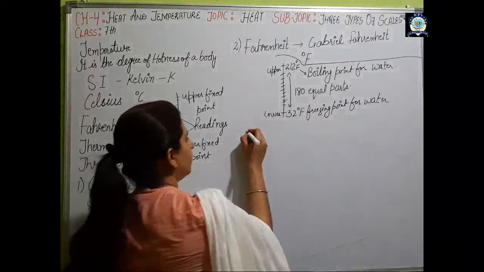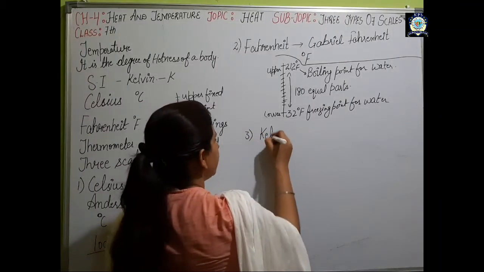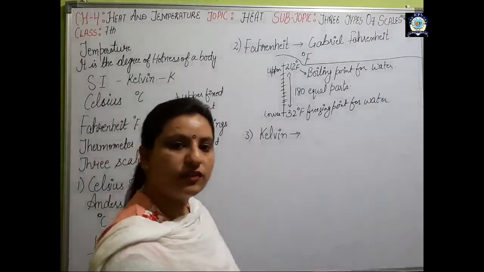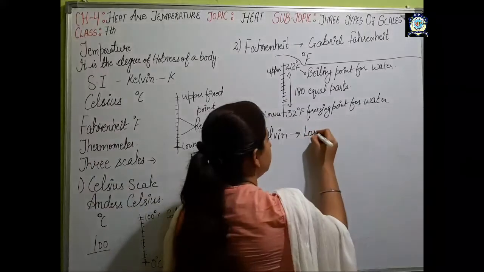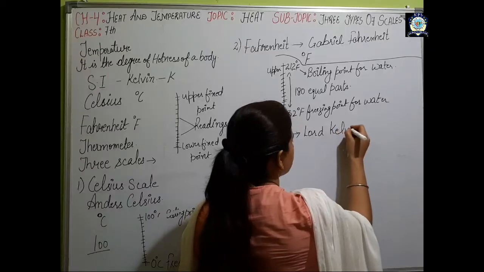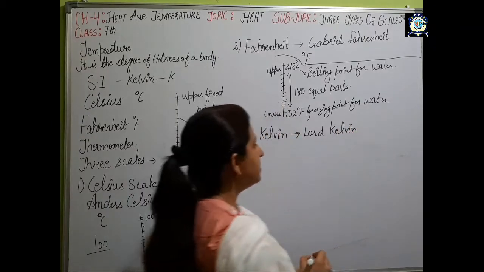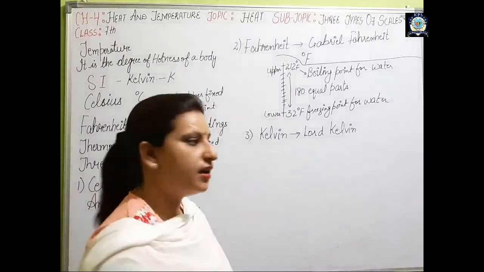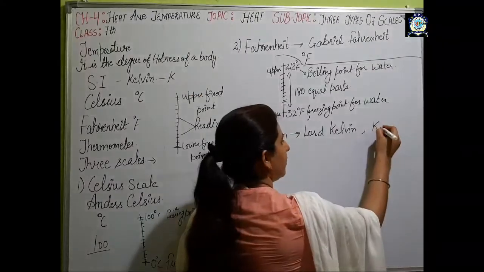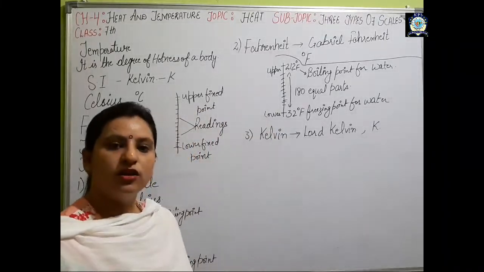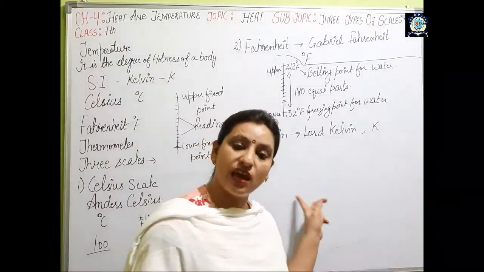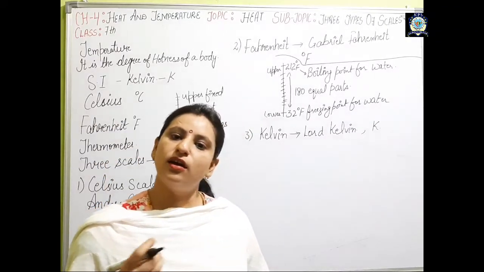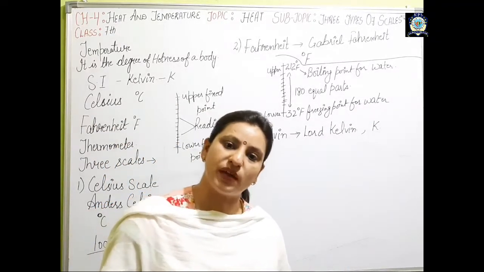Now the third scale is the Kelvin scale. This scale was given by Lord Kelvin, and the temperature is measured on this scale in kelvins. This scale is mainly used by the scientists in the laboratories for various types of experiments.